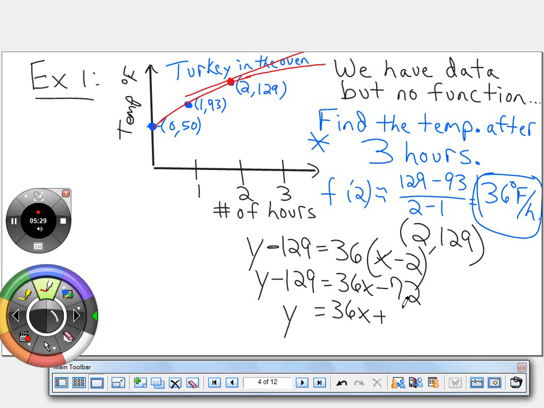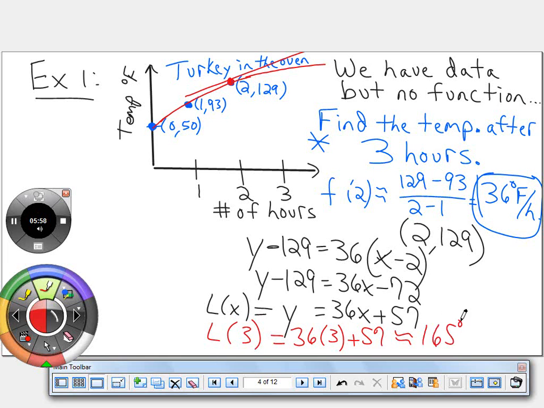Now you could say that this is L of x, and we could use it to predict what the temperature is after 3 hours. So we'd say L of 3, and we plug in 3 for the x. We get approximately 36 times 3 plus 57. We should get about 165 degrees Fahrenheit. Okay?